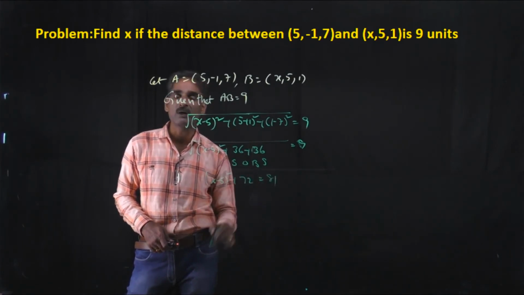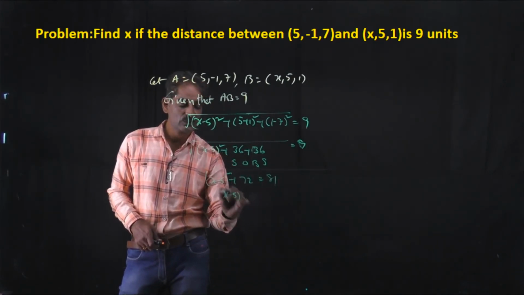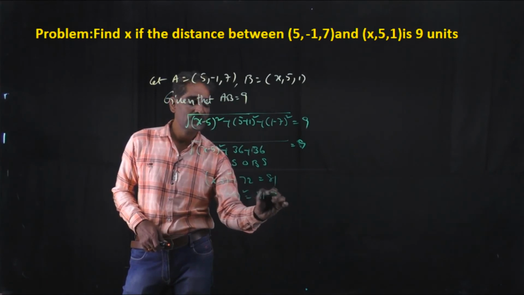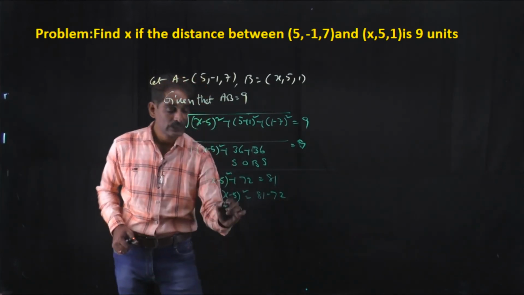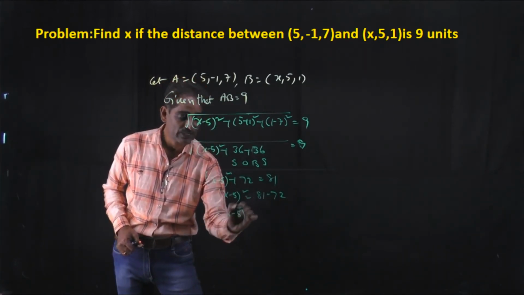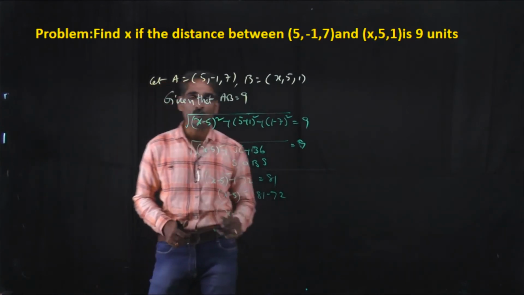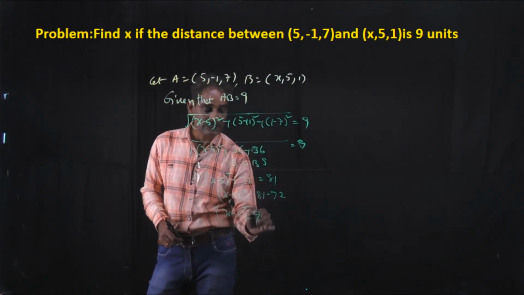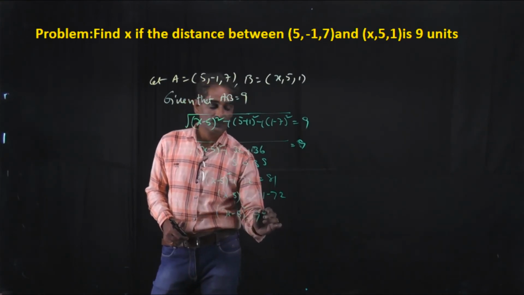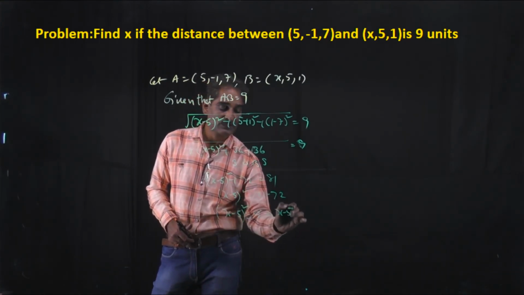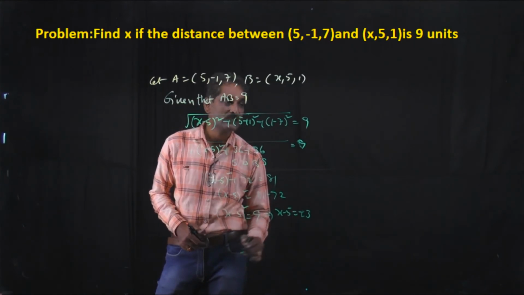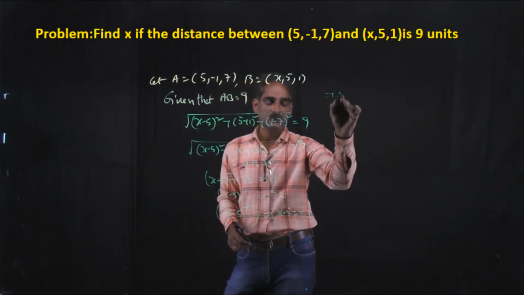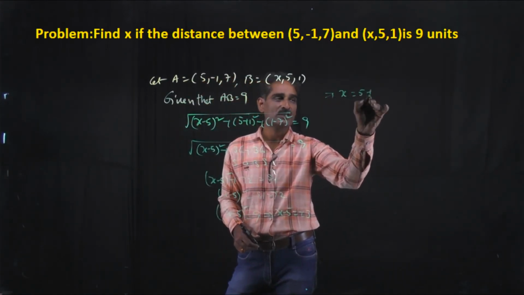(x minus 5) whole square is equal to 81 minus 72, which is 9. So from this we can write x minus 5 equal to plus or minus 3. Therefore x is equal to 5 plus or minus 3.